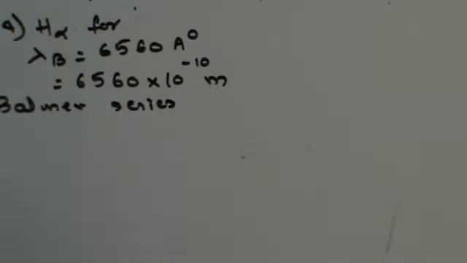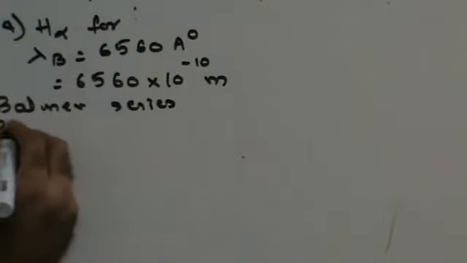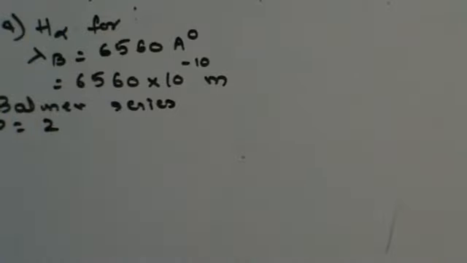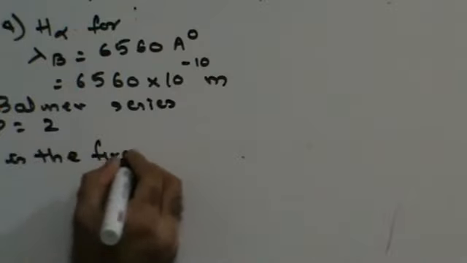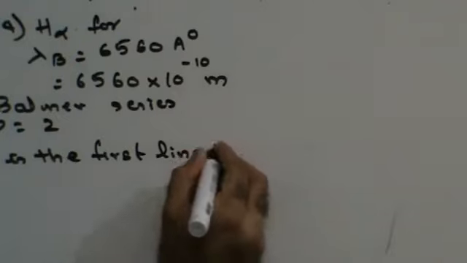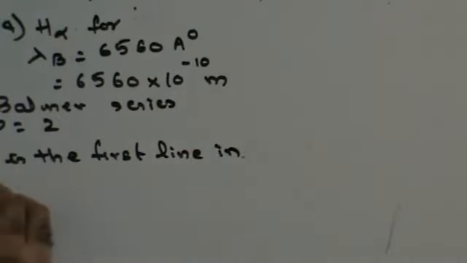For Balmer series, we know that p is equal to 2, they've asked you H alpha. Now what do you mean by H alpha? H alpha means the first line in Balmer series.